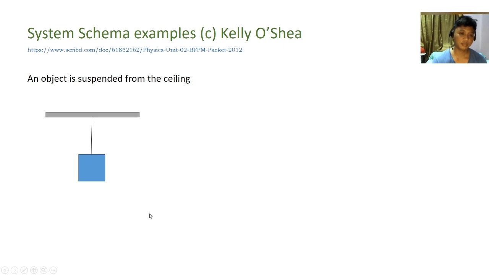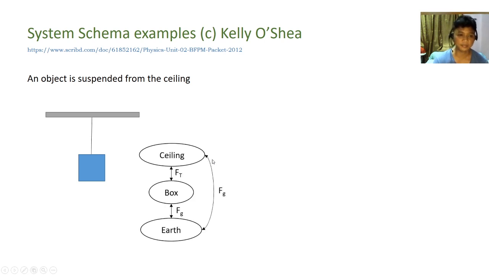So this is what the system schema looks like for this particular pictorial representation. And then it has the ceiling as one of the main objects, the box as one of the main objects, and of course the earth because we are on planet Earth.